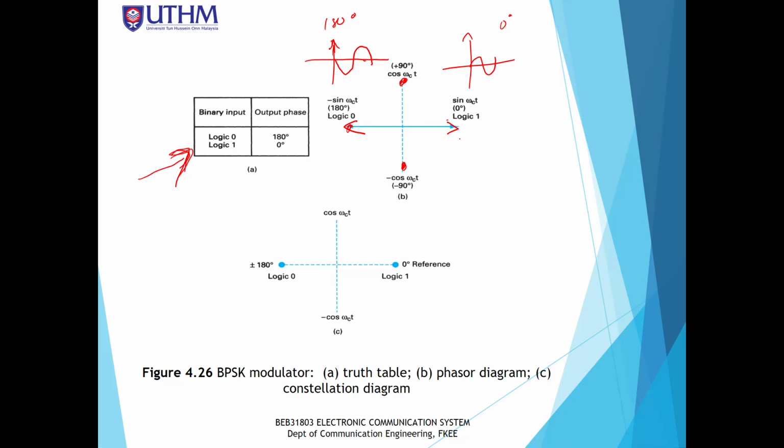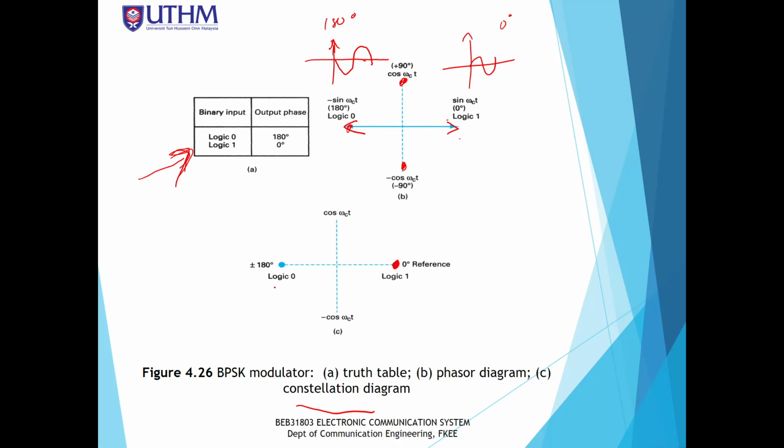Okay. And then ada lagi satu dipanggil sebagai constellation diagram, iaitu gambar raja titik. So di sini akan ada dua, gambar raja constellation ini menunjukkan simbol. Okay, dia menggambarkan kedudukan simbol. So since kita ada dua simbol sahaja, maka untuk simbol output untuk logik 1, dia berada pada 0 degree.